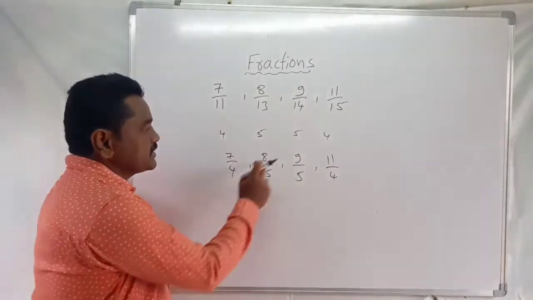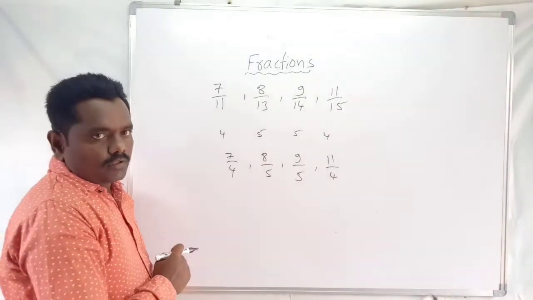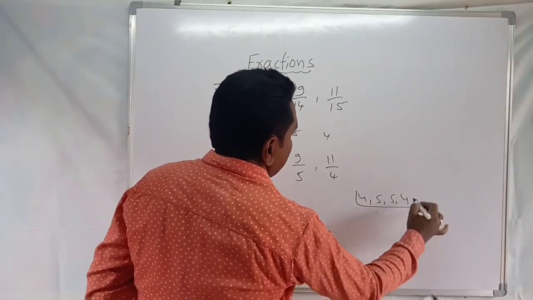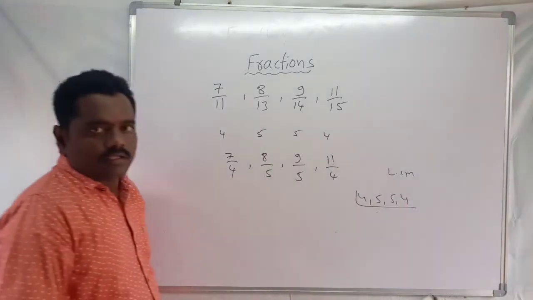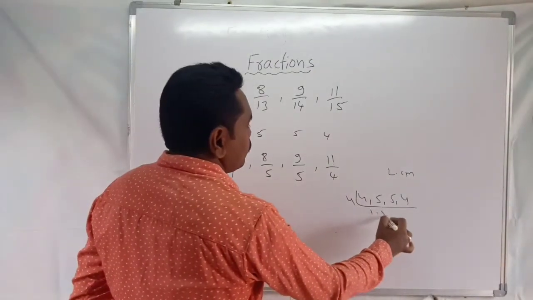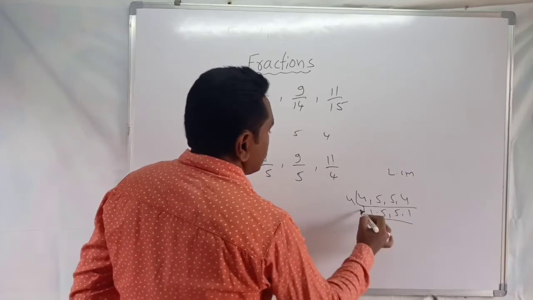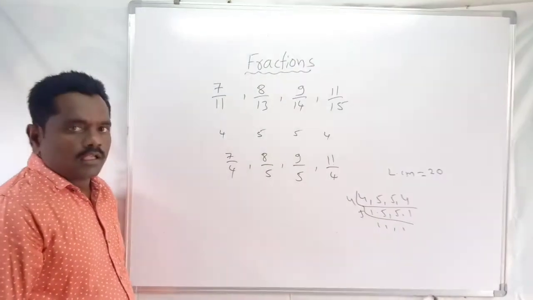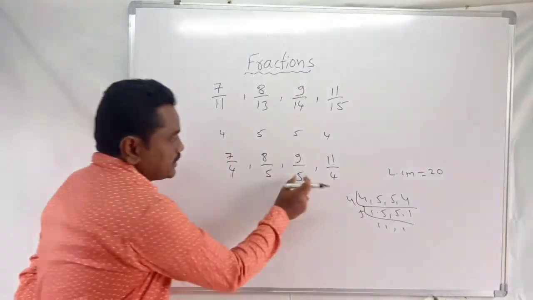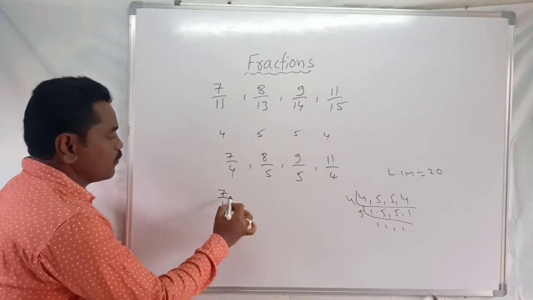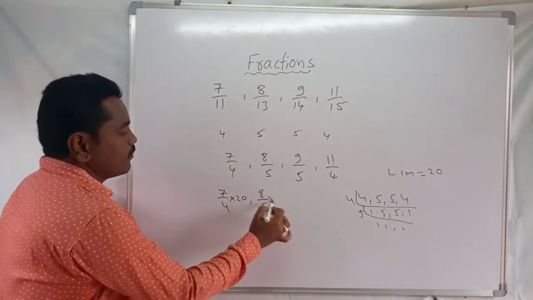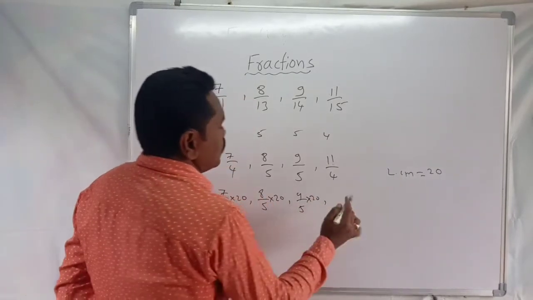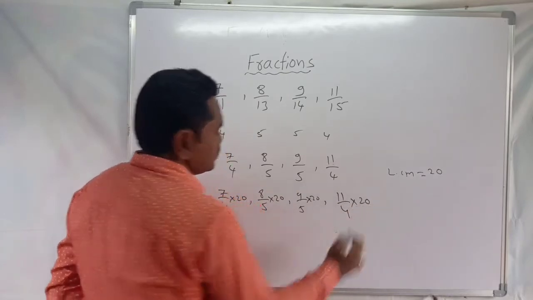The difference is not equal. So for 4 and 5 we take the LCM, which is 20. Multiply each fraction by 20: 7 by 4 into 20, 8 by 5 into 20, 9 by 5 into 20, 11 by 4 into 20.